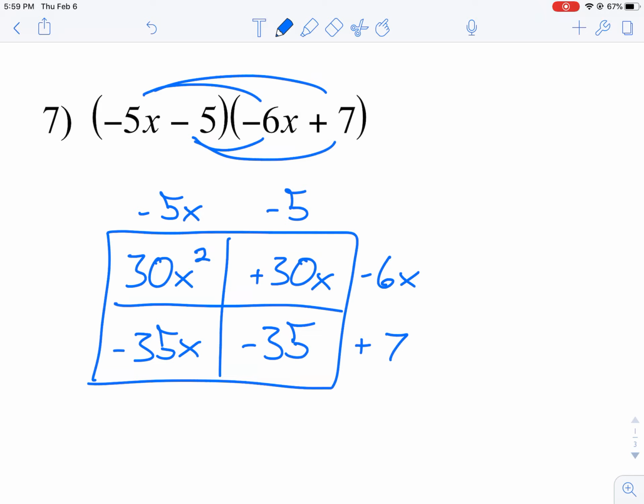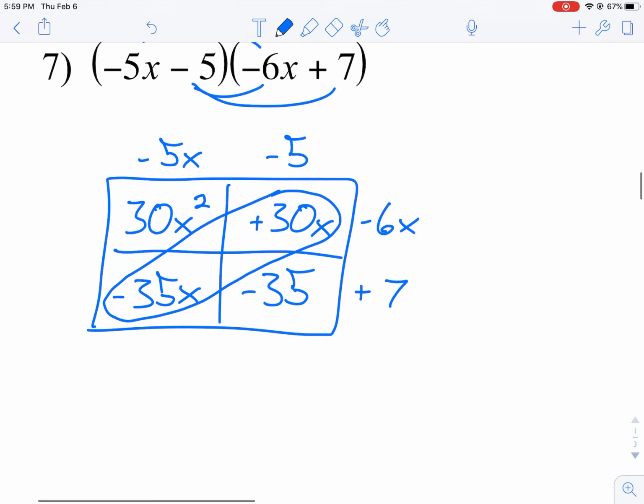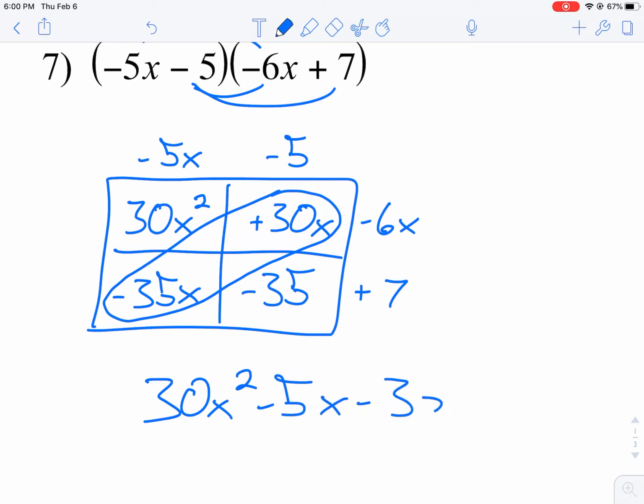It's more of a coincidence that it does occur, but oftentimes your diagonal here will be your like terms that you have to combine. So don't just leave your answer in the box. You actually have to write it out and combine like terms. So my final answer would be 30x squared minus 5x minus 35.